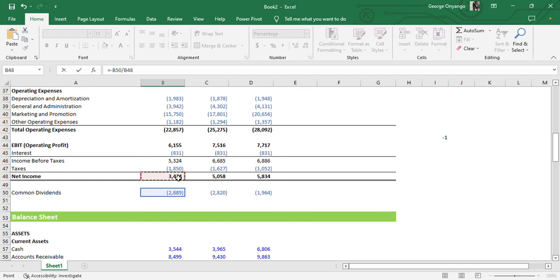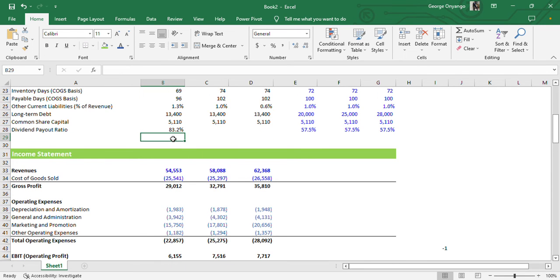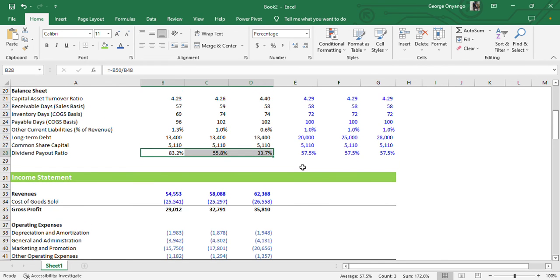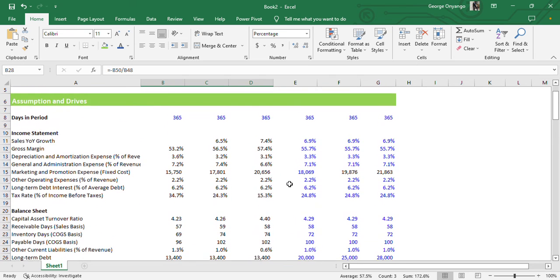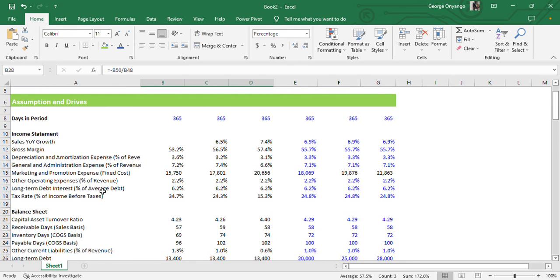You can just divide that directly and get that. In the year 2010 the dividend payout ratio was 83.2%. As we can see, it reduces across, and they predict that in the next 3 years the dividends payout ratio will be 57.5%. So from there we have completed our assumptions and drivers, and we'll now be able to continue with our forecast.